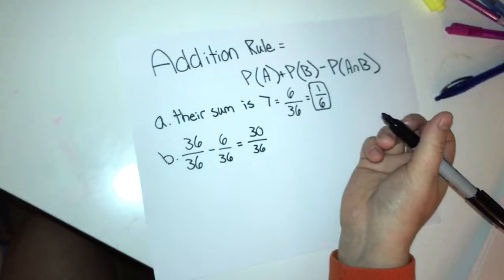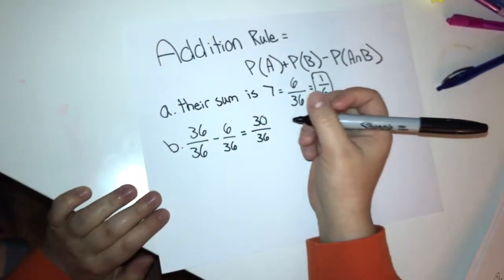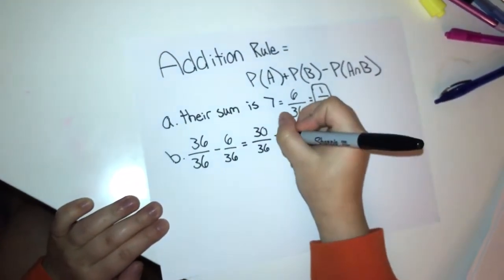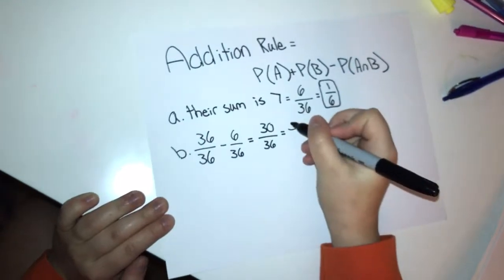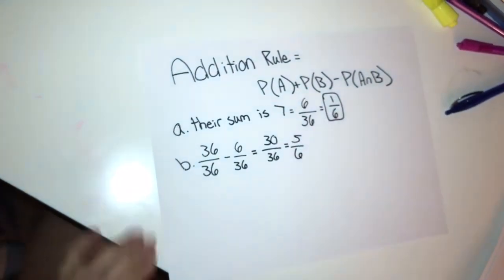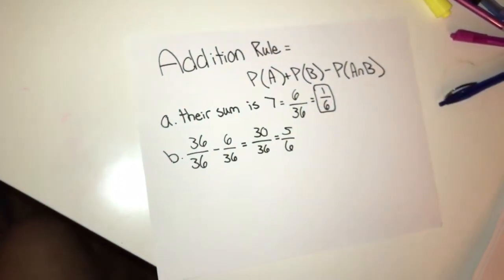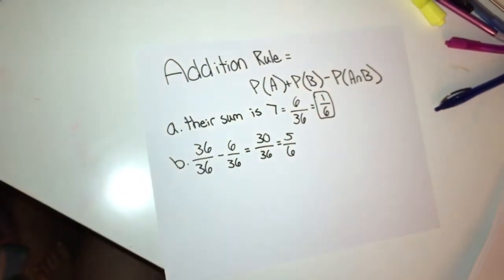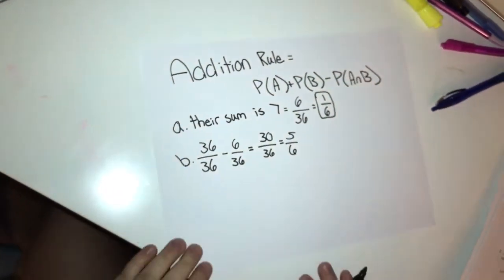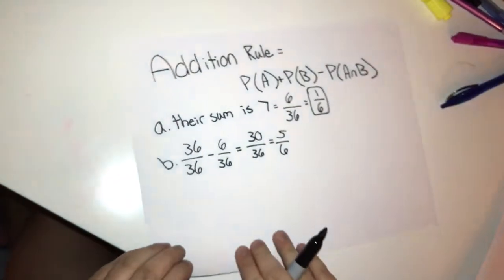And then we can simplify 30 over 36 to be 5 over 6. So the probability of the sum being 7 is 1/6, and the probability of it not being 7 is 5/6. Now we're going to move to the next example.